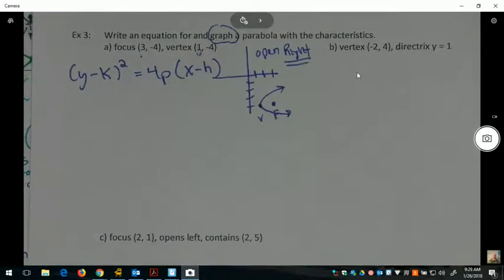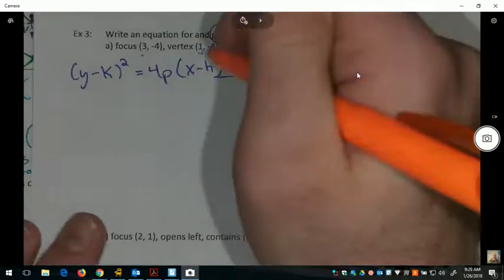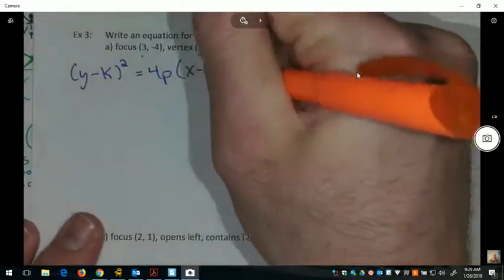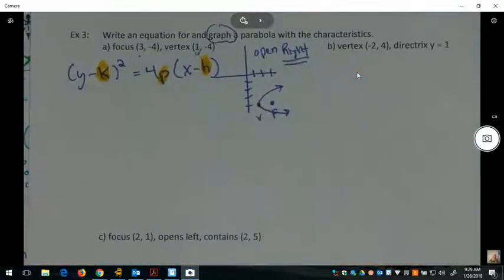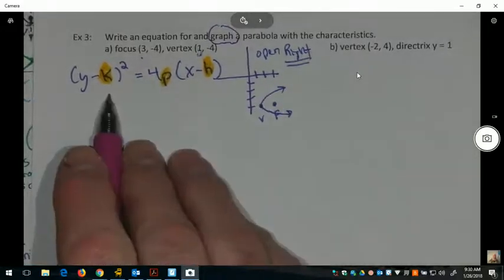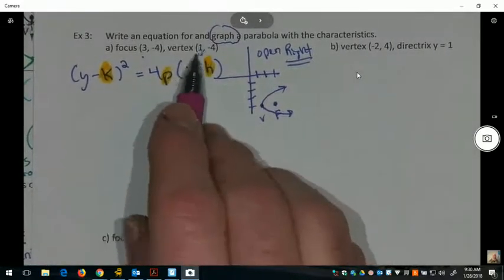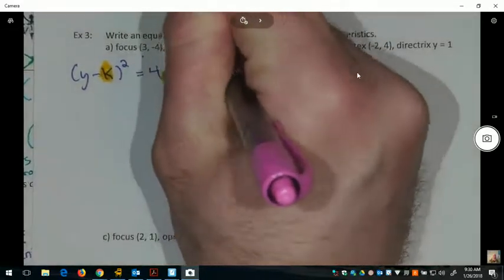The only values that I need in order to write the equation is h, k, and p. And so if I'm lucky enough that they actually provide me with some of these, then I can just plug them in and figure out what the other ones are. If not, then we have to calculate what they are and figure out some other stuff to figure out the values of h and k. In this case, they did give us the value of h and k, so that's nice.